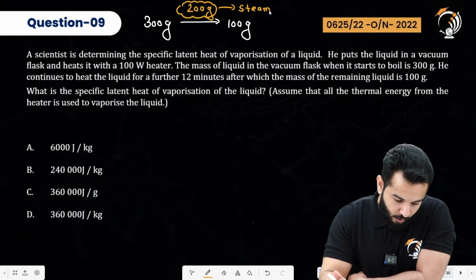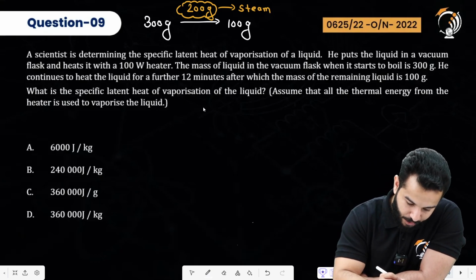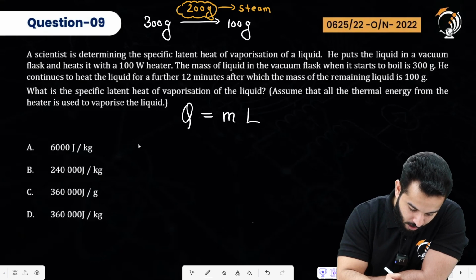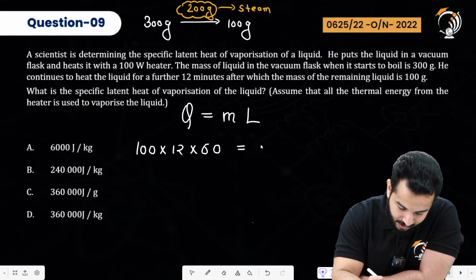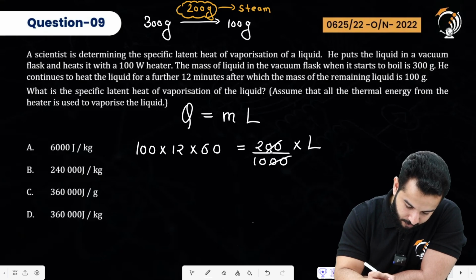So we are going to use the formula of latent heat of vaporization over here. The formula was Q equals M times L, right? Instead of Q, I'm going to use power, that is 100 watt times 12 minutes. So I'm going to convert it into seconds, times mass, which is 200 gram divided by 1000, times L, which we want to find out, right?